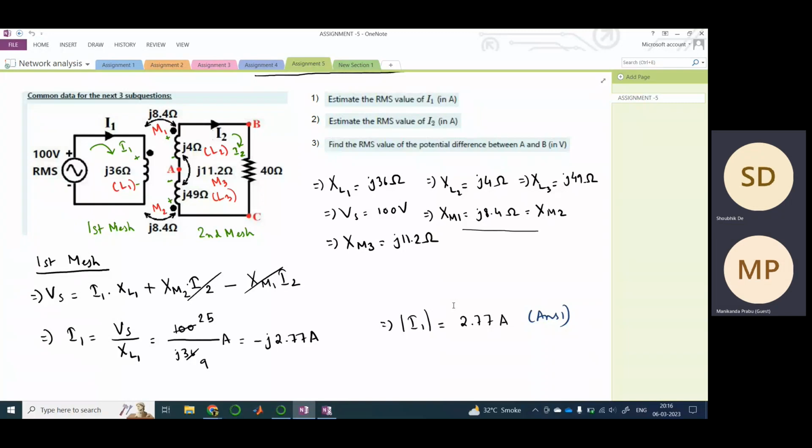Because I1 is flowing, I1 is inducing current I2. Due to I1 only flux is producing. Then how is it arranged, sir? It's like a three-phase kind of thing, because the primary inductance is isolated now.